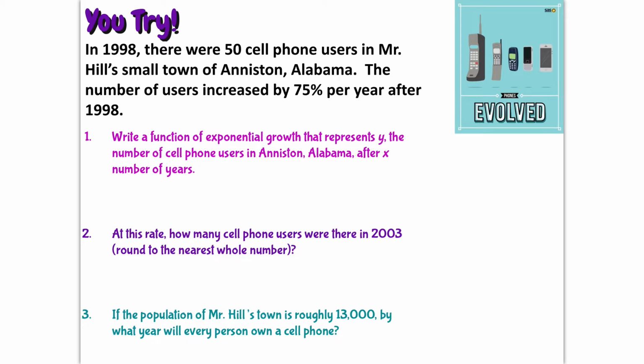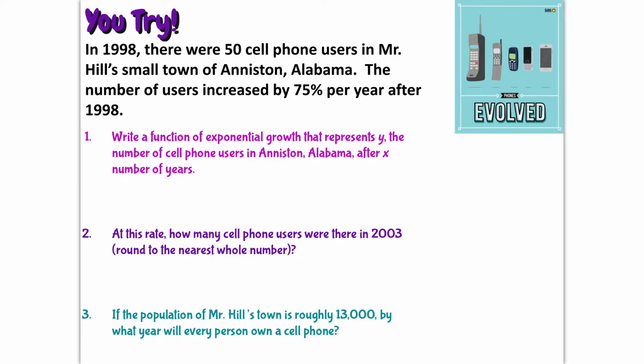Anyways, leading into the you-try question: in 1998, there were 50 cell phone users in Mr. Hill's small town of Anniston, Alabama. The number of users increased by 75% per year after 1998. So the first question says, write a function of exponential growth that represents y, the number of cell phone users in Anniston, Alabama after x number of years.